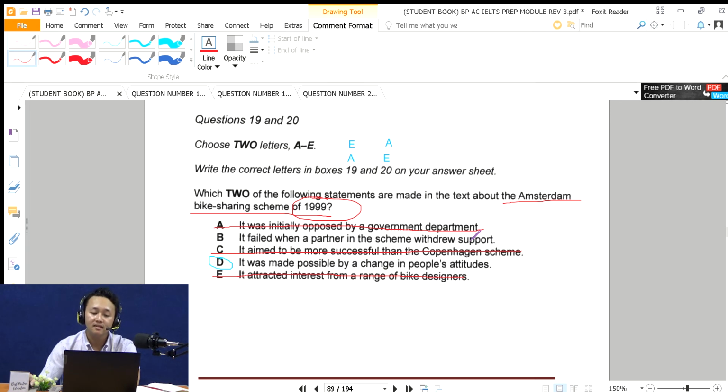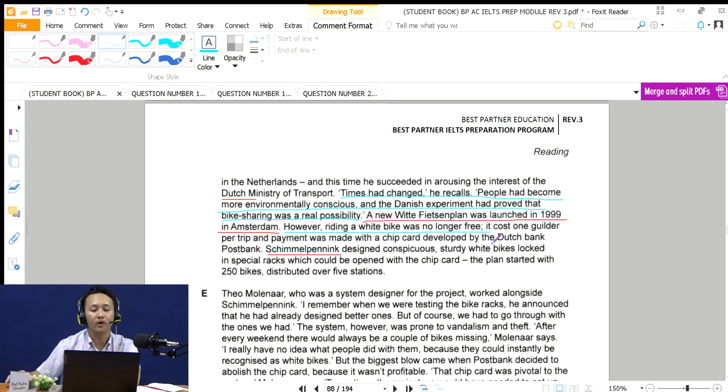It wasn't opposed by the government, but there's only mention that they did not give the funding support. So here, it failed when a partner in the scheme withdrew the support. Right? They did not oppose it, but they only withdrew the support, the funding support here.